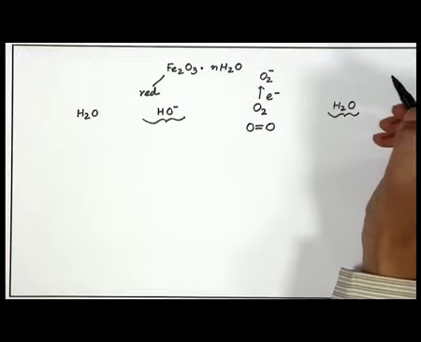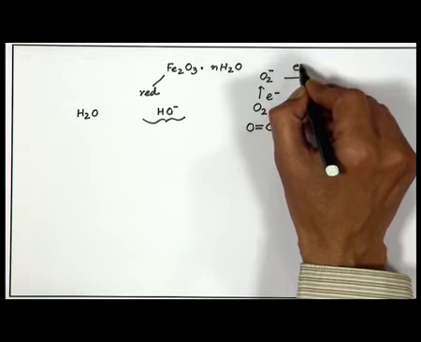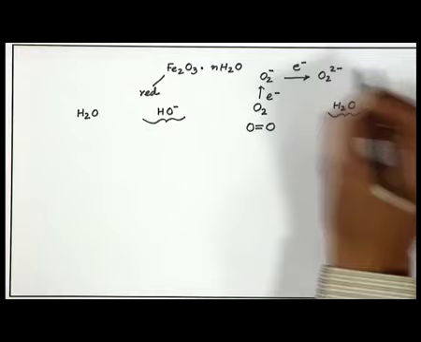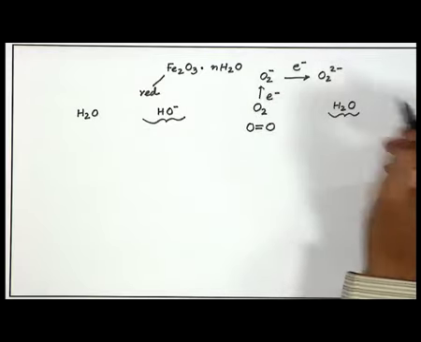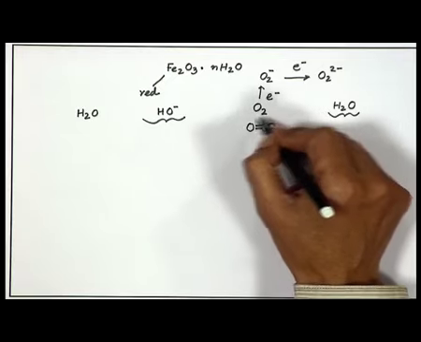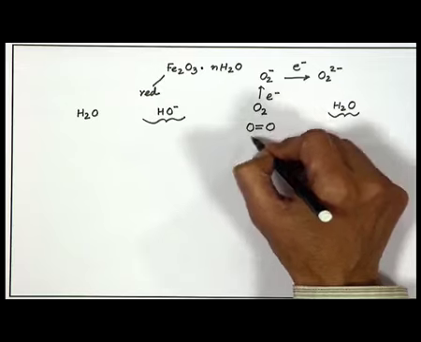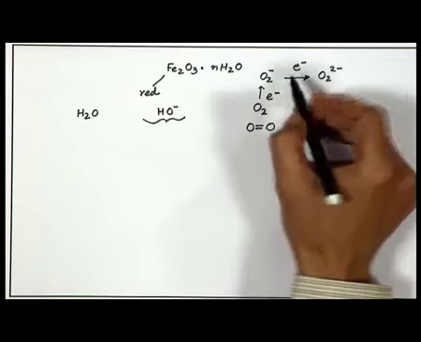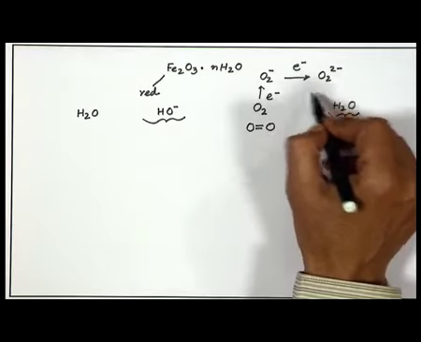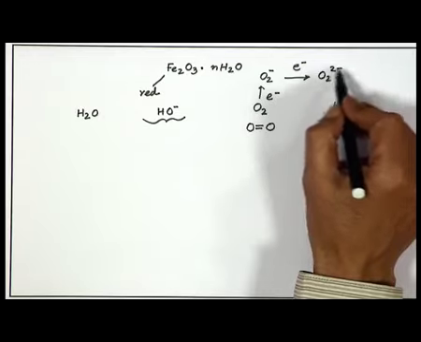That species we all know, and if it again accepts another electron, it will be O2 2 minus, which is nothing but the peroxide anion. We will find a change in the bond order, from a double bond character between the oxygens, to a single bond character in O2 minus, and again a single bond nature for the peroxide.